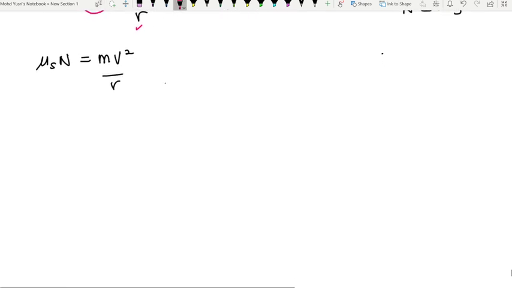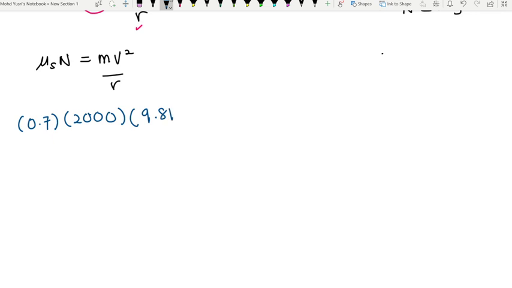So mu sama dengan 0.7, N is equals to mg, m is equals to 2000 times the gravitational acceleration 9.81 meter per second square. So this is the normal force, which is equals to the weight. That is equals to the mass times the velocity square over radius.